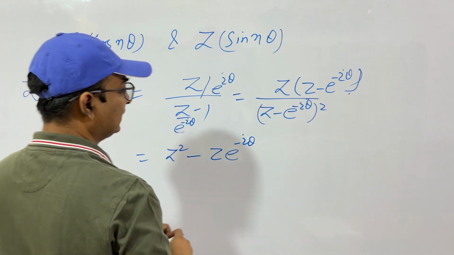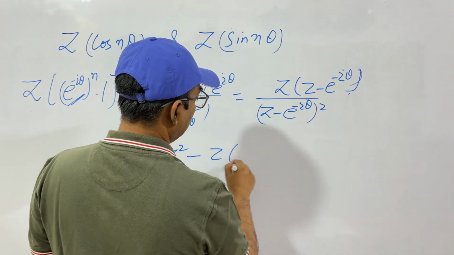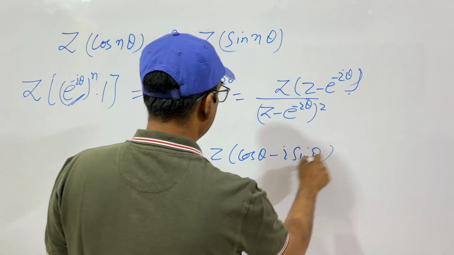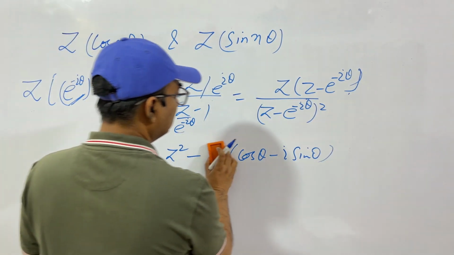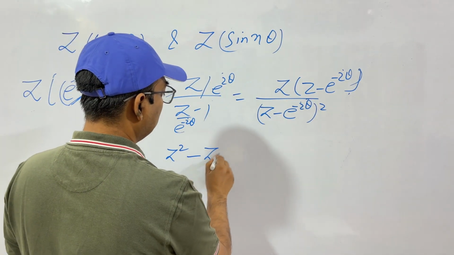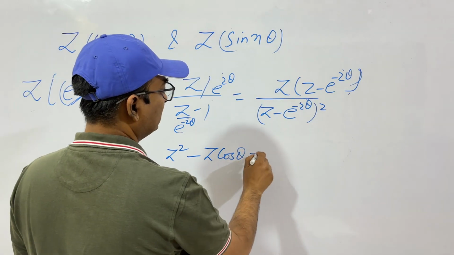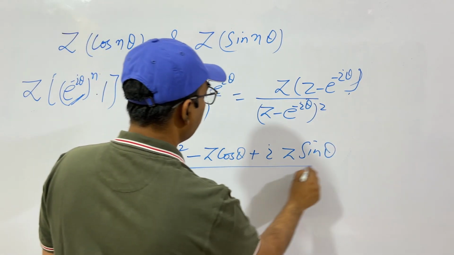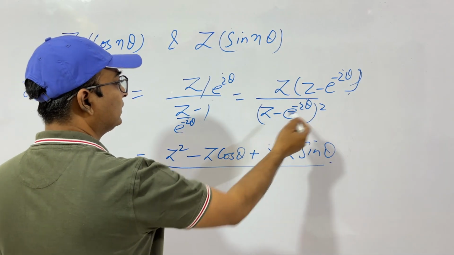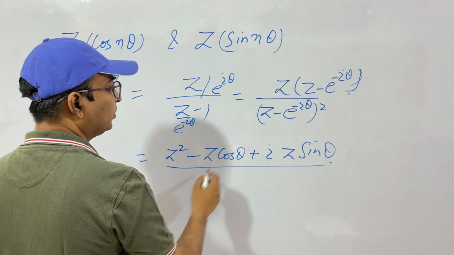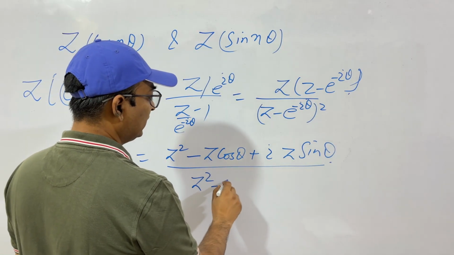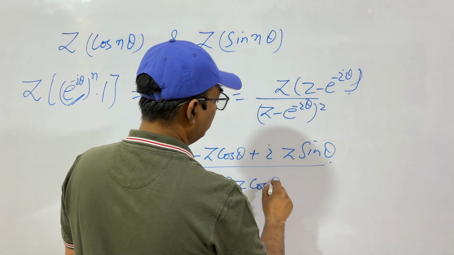And what is e to the power minus i theta? It is cos theta minus i sin theta. So again what you get is z squared minus z cos theta plus i z sin theta in the numerator. And the denominator, if you square this, you should do this on your own, with cos theta plus i sin theta, you will get z squared minus 2z cos theta plus 1.